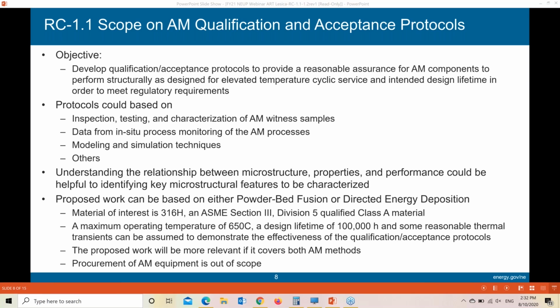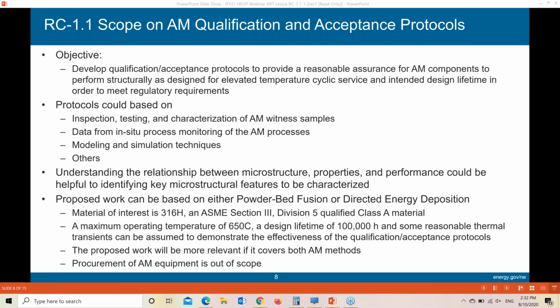So if we can demonstrate that the acceptance and qualification protocols work with 316H, that will really help us with the deployment of this advanced reactor. We don't have to wait to qualify a so-called 316L, because it is not qualified.